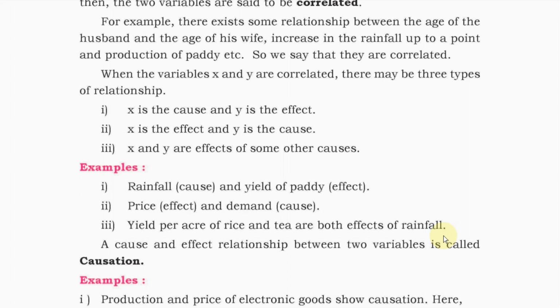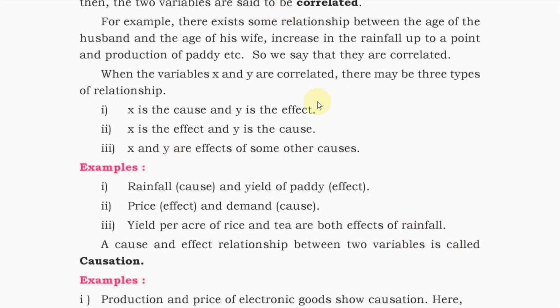So as the rainfall increases to a certain level, then the yield also increases. So this is the example pertaining to the third statement, where both yield of rice is your variable x and yield of tea is the variable y. Both are the effects of some other cause, that is rainfall.